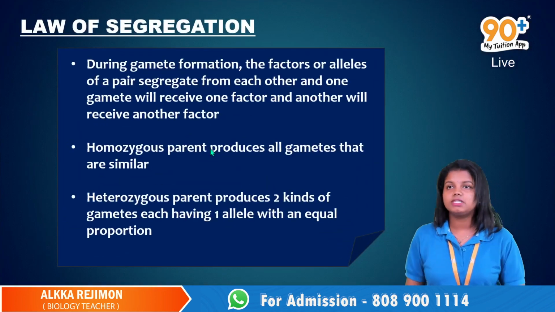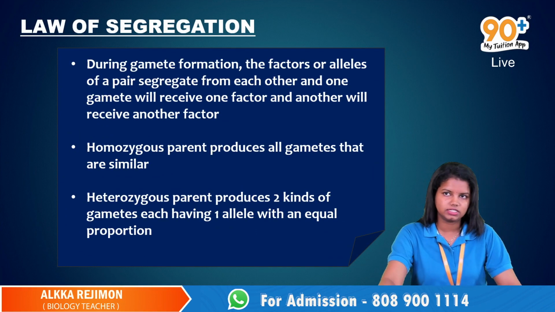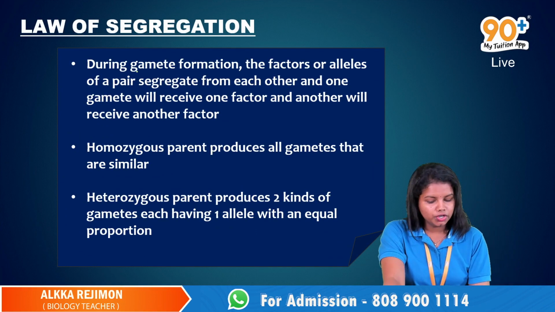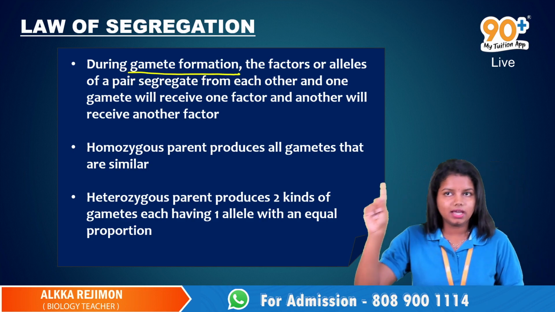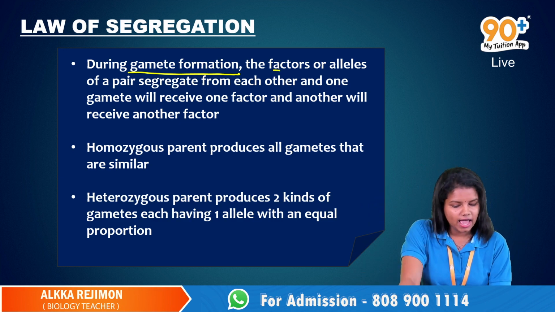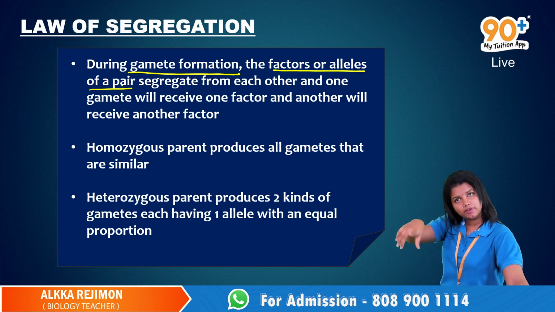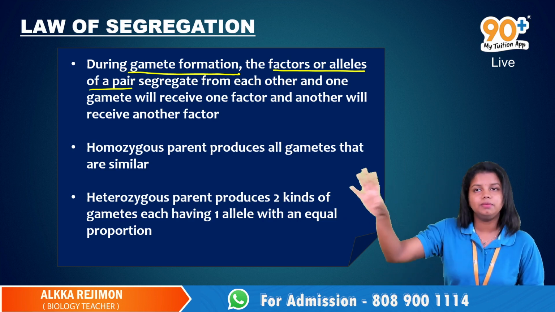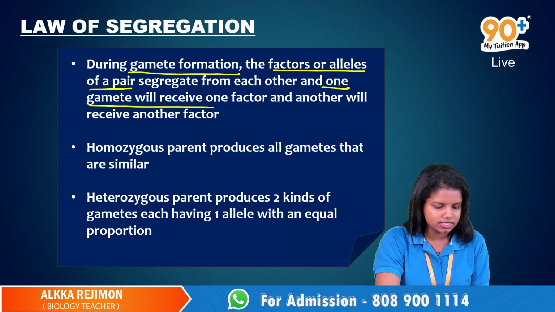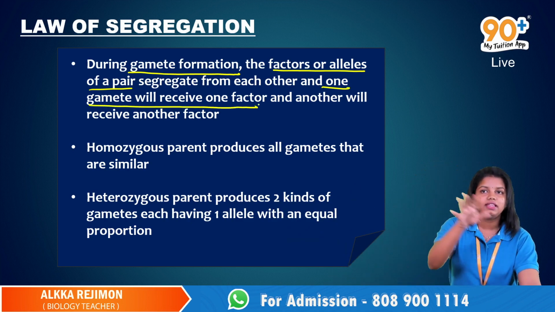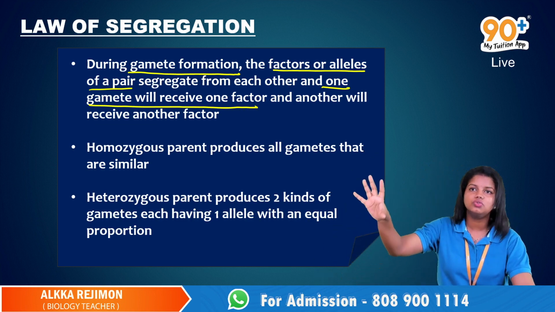And then there comes another law called the law of segregation. What does it state? During gamete formation, so it is talking about reproduction, the factors or alleles of a pair segregate from each other and one gamete will receive one factor. So one gamete will receive only one factor and another gamete receives the other factor. It is simple.